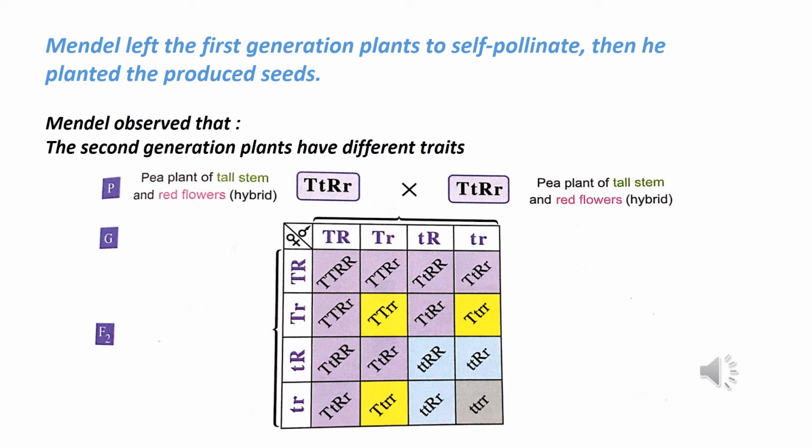And then gametes aggregate together, forming capital T capital T, capital R capital R, capital T capital T, capital R small r, and so on.